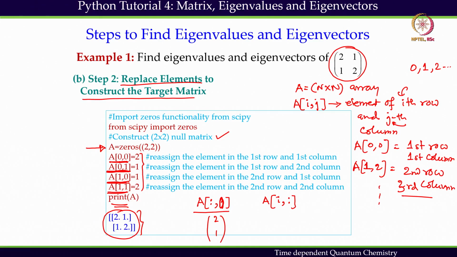Similarly, the other form is going to give me the entire row, and if it is 0 comma colon, it means that I am going to get back the entire row, and that is going to be 2 1, the first row, and this is the first column because the 0th index is indicating the first column. So, these are the ways one can collect the particular entire row and entire column of a matrix which has been represented in Python already.